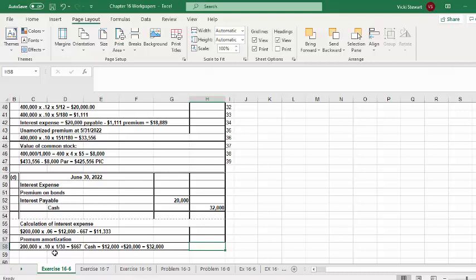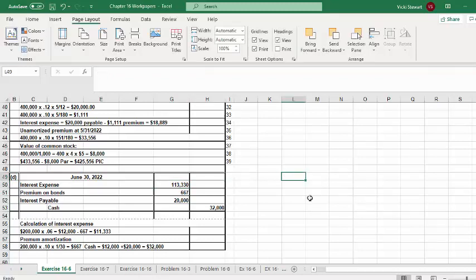And then we would multiply that by 1 divided by 30, because there are 30 semi-annual interest payment dates and we're only accruing it for one of those. So that premium amortization would be $667. So the interest expense for these bonds would be $11,333. And that would be our last entry.